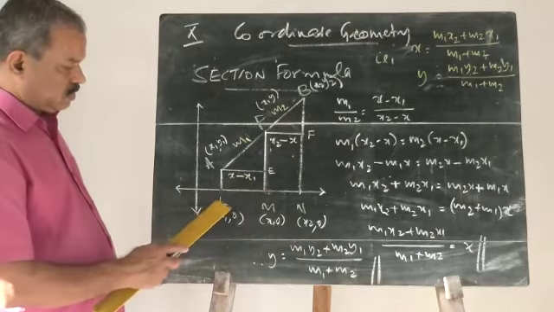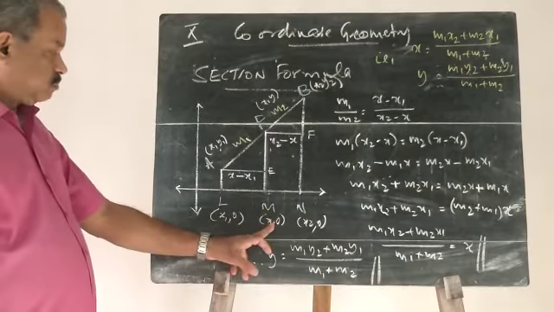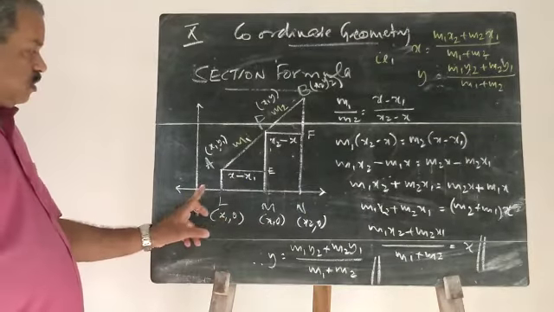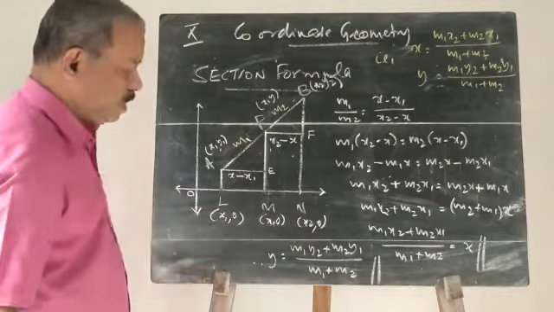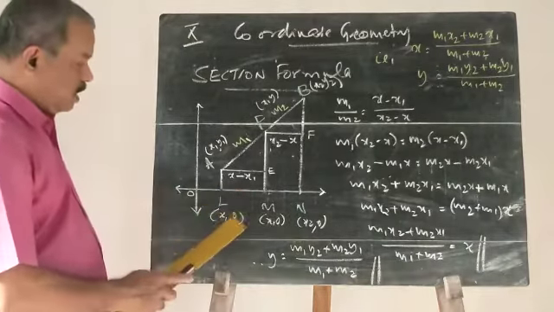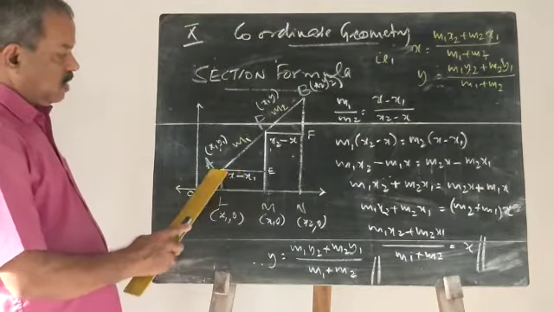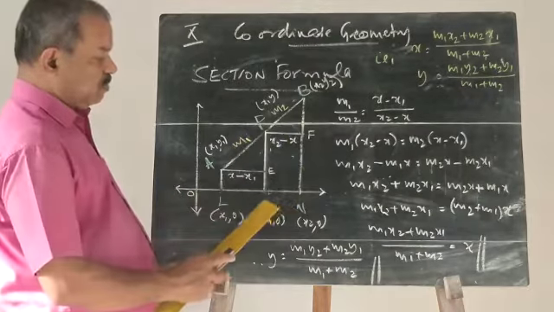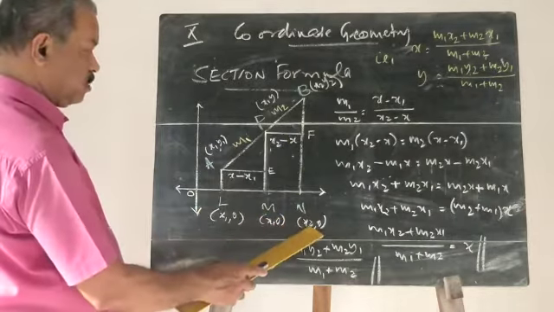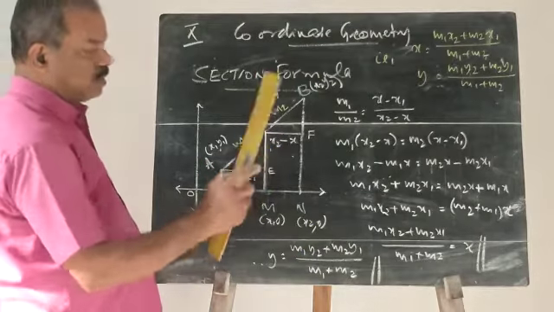The distance between L and M is x minus x1, from origin to M is x and origin to L is x1. Similarly, the distance MN is x2 minus x.